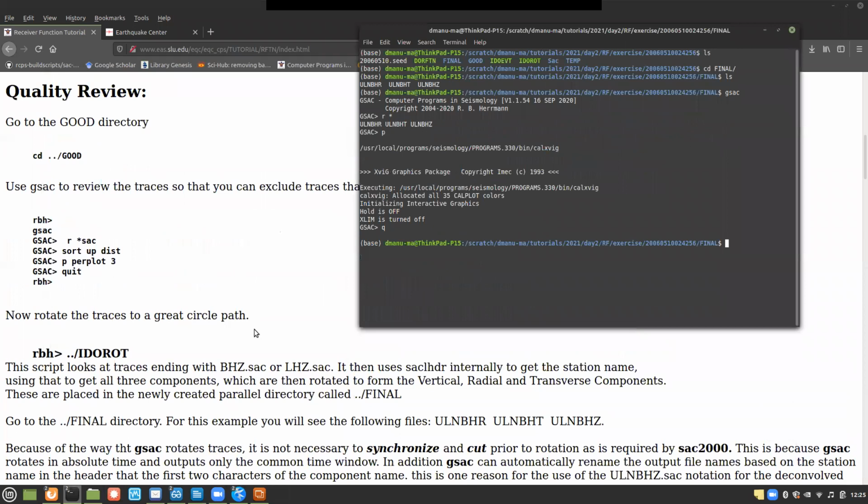Now, for the deconvolution in receiver functions, if you're interested, there are a lot of methods, because the solutions are not really unique, especially if you have noise in your data. Why?